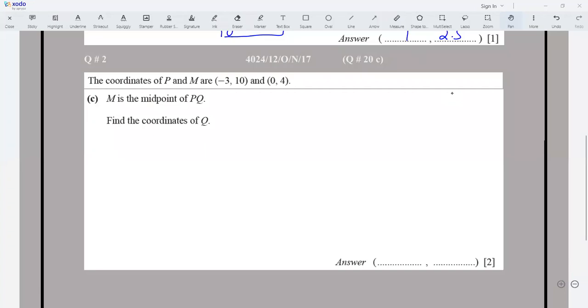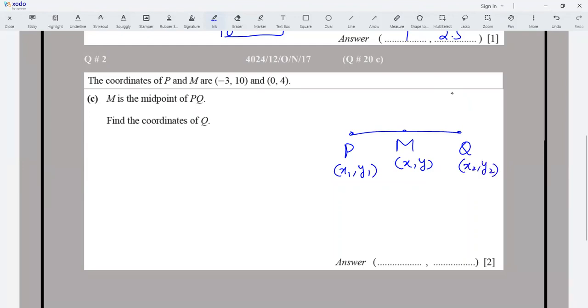In the second type of question, the point M, which is the midpoint, is given. We can plot this as P and Q. M coordinates are x comma y, P is x1, y1 and Q is x2, y2.